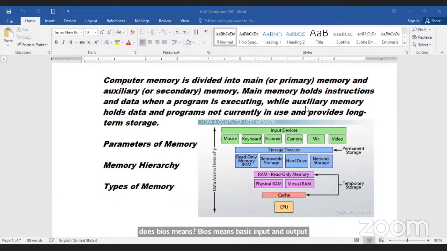So the ROM usually holds these instructions that were programmed during the manufacture of that computer or digital device. Yeah, so every vendor or manufacturer has their own BIOS.